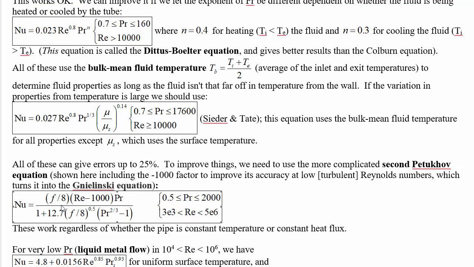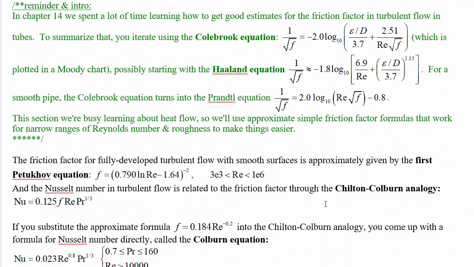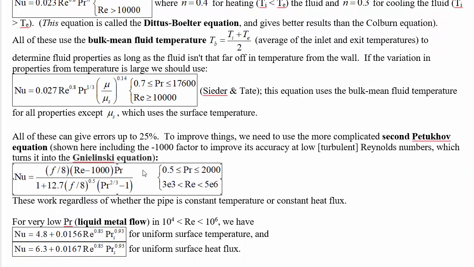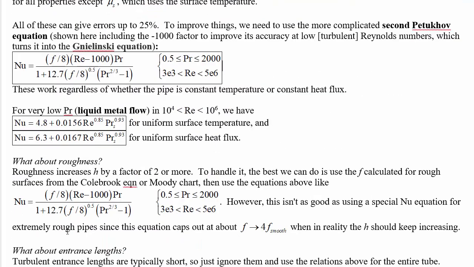So in the Gnielinski equation here, you still need to use another equation to calculate the friction factor, and for that you probably ought to use the Prandtl equation, which again is the Haaland equation after you've substituted in that epsilon is 0. All of this is really for smooth-walled pipes for the most part. And we'll see some complications with roughness soon.